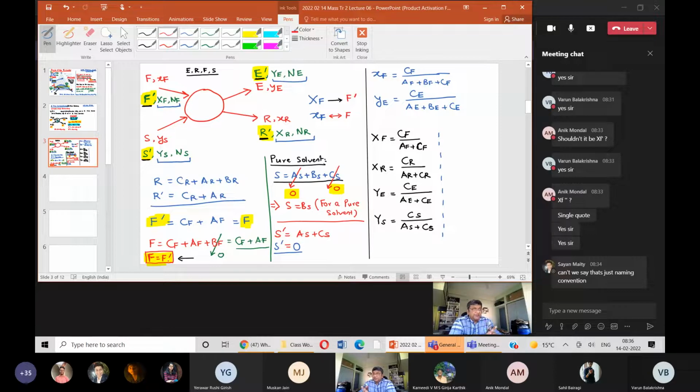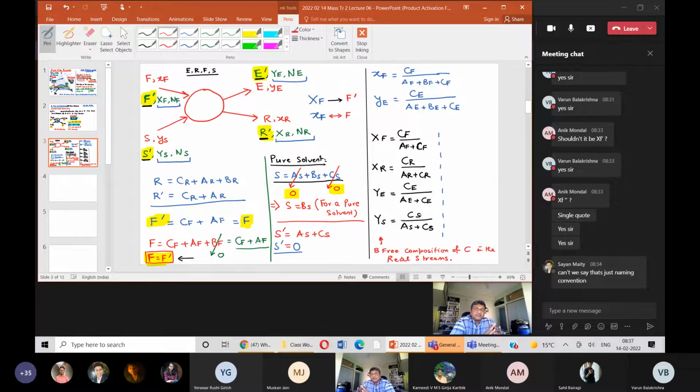So these are the B-free composition of C in the real streams. I repeat, B-free composition of C in the real streams. Nothing to do with naming conventions or anything. Once you understand how they are defined, you will not have this confusion anymore.